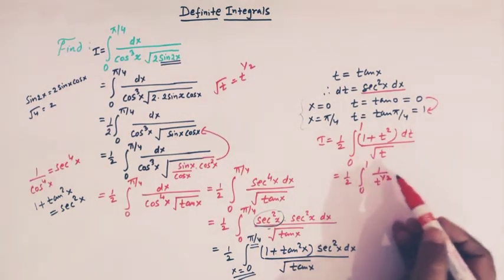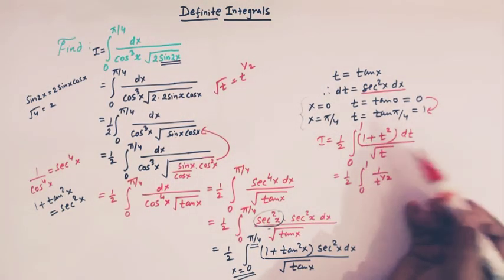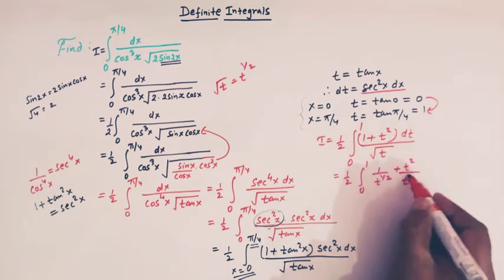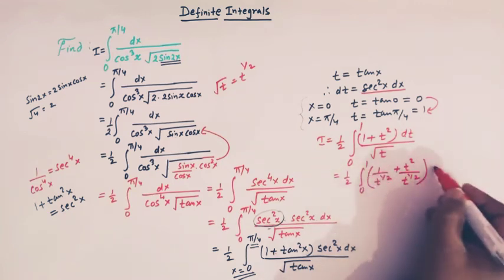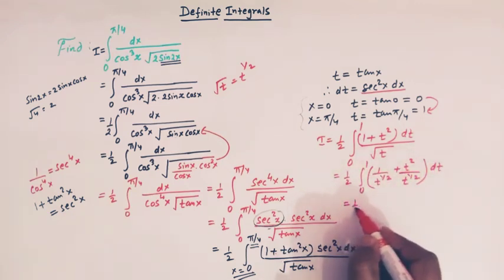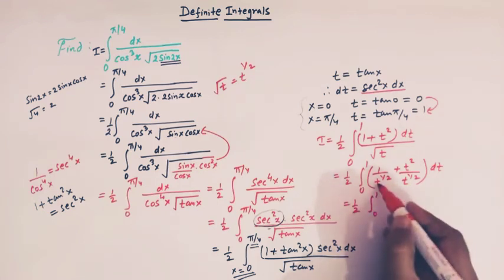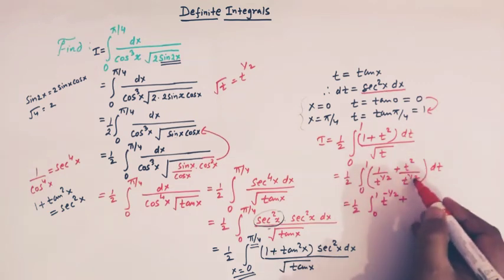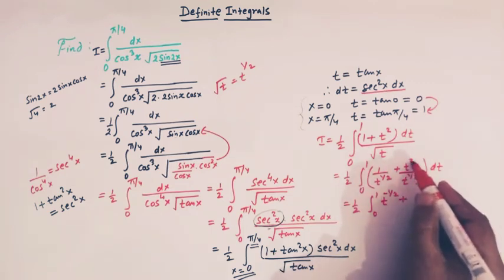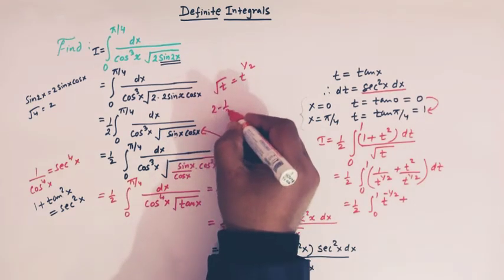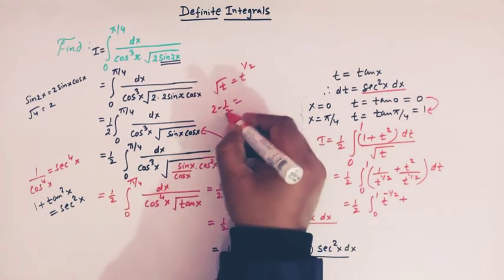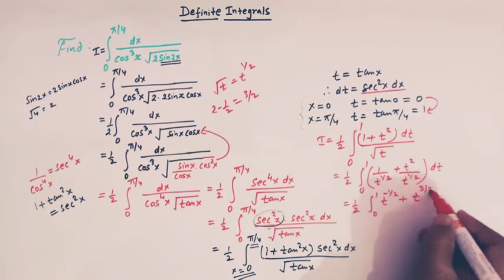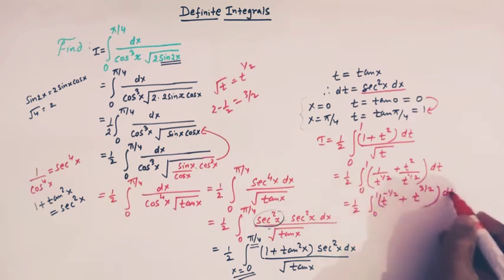So we have half, integral from 0 to 1, of t raised to minus half plus t raised to 2 minus half, that is 3 by 2, dt.